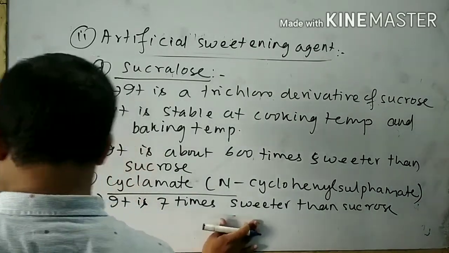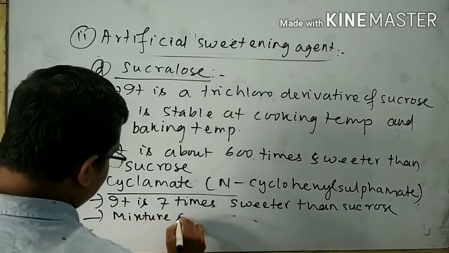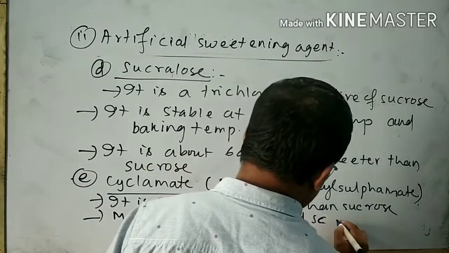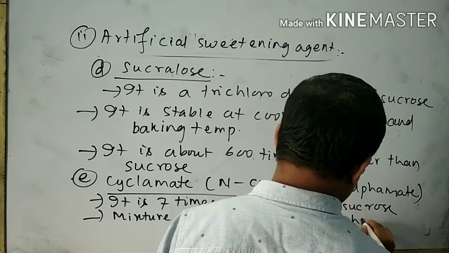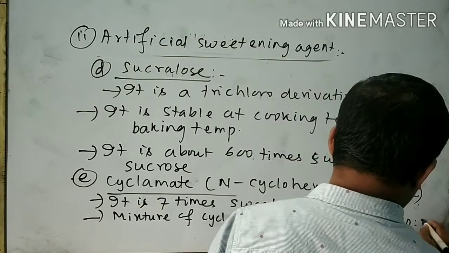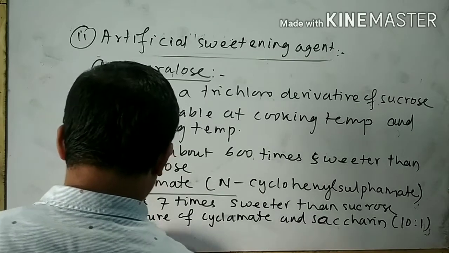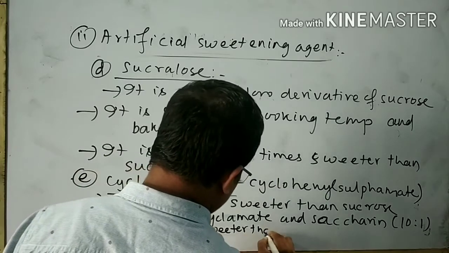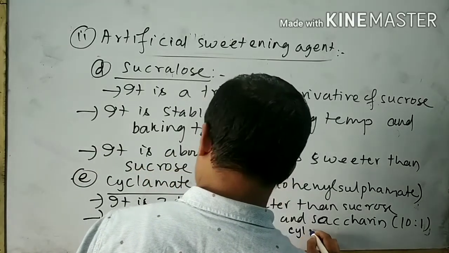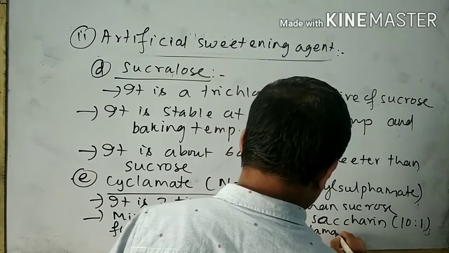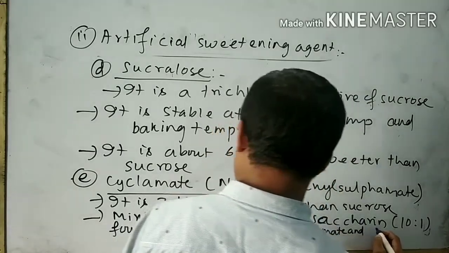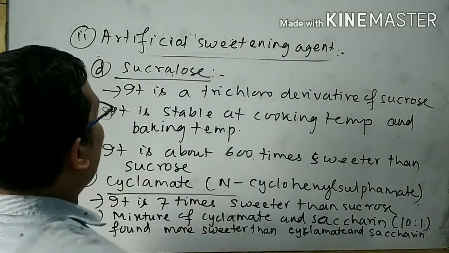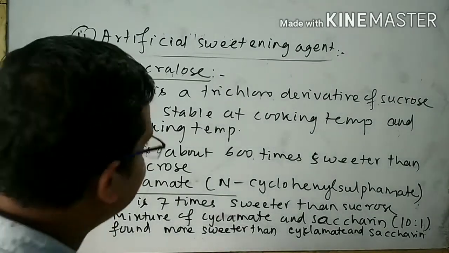So you can write: mixture of cyclamate and saccharin (10:1) is found more sweet than cyclamate and saccharin. This is all about the artificial sweetening agent.